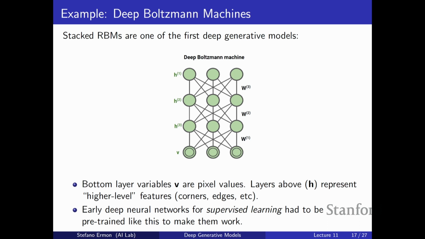Then they would use that as initialization for their supervised learning algorithms. That was the first thing that made deep learning work, and it was the only thing that worked initially, until they figured out other ways. It was quite important for getting people on board with the idea of training large neural networks.